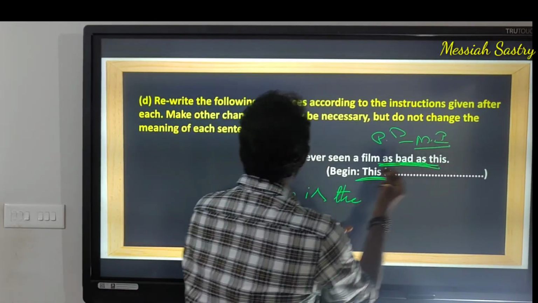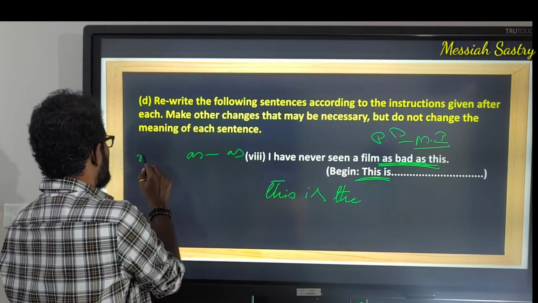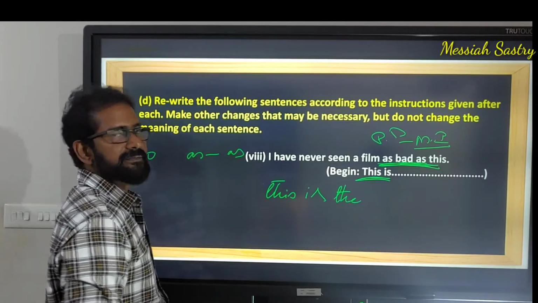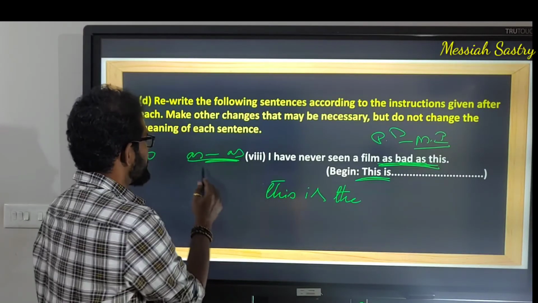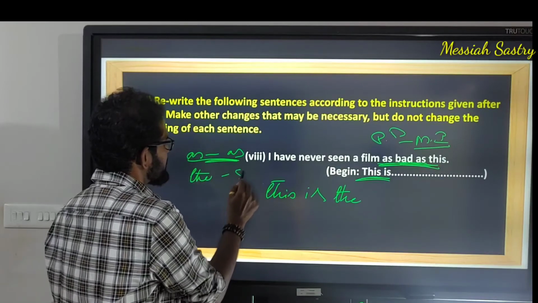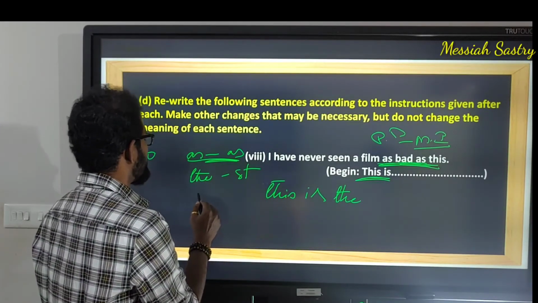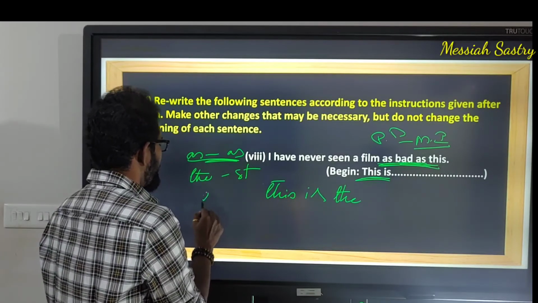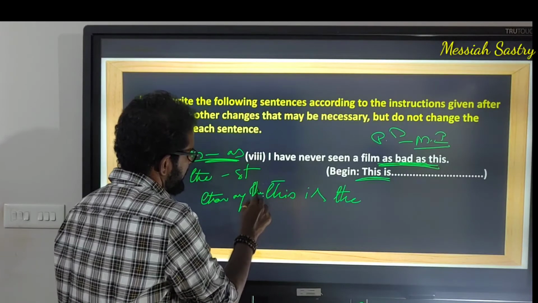So model 1: as, here no, never or no one. As is a positive degree. When it comes to superlative degree, the st. When it comes to comparative degree, than any other.